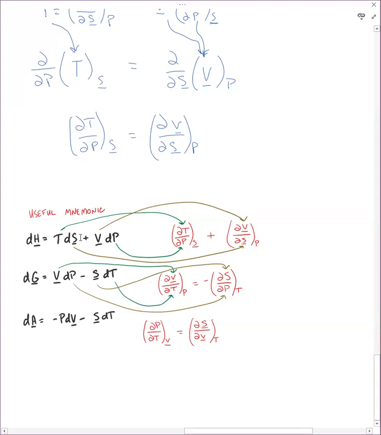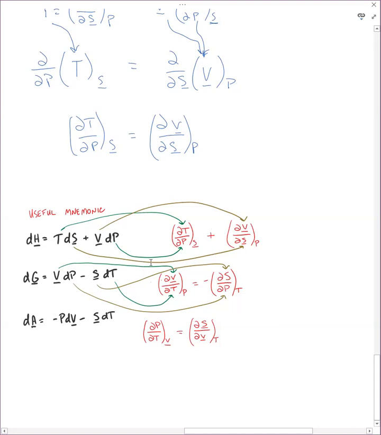So I just take T and V, and those become the independent variables. And the dependent variables are the ones with the d's in front. And I just flip-flop them while keeping the other one constant. So it's dT/dP at constant S, and then plus dV/dS at constant P.